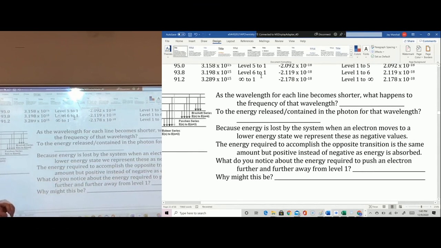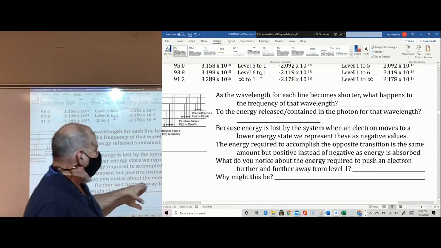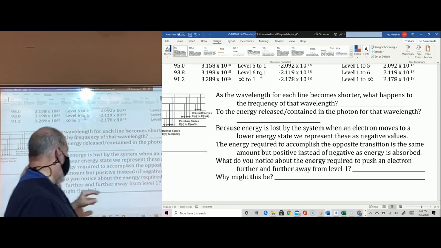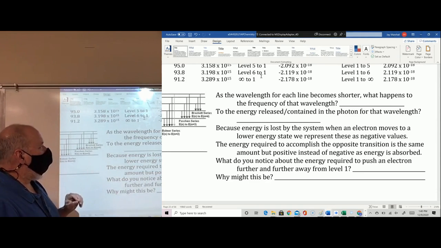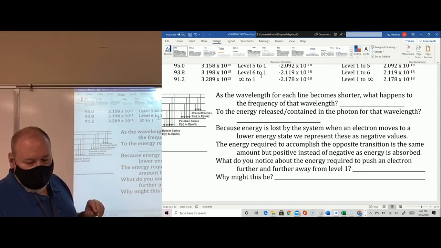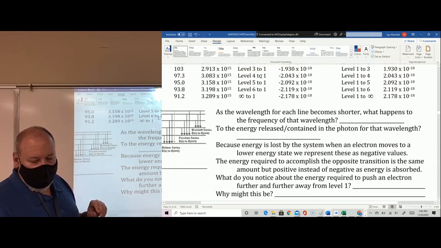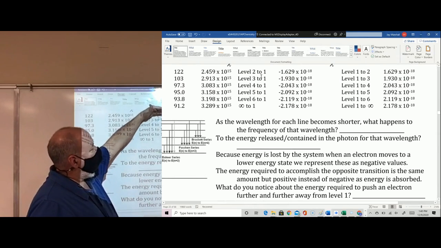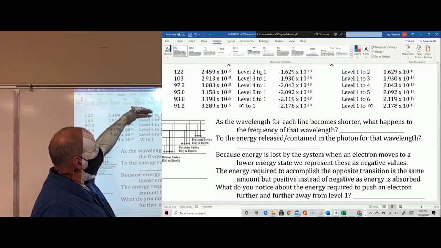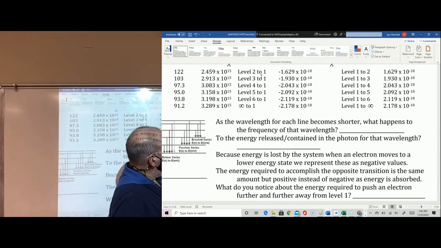Now, what do you notice about the energy required to push an electron further and further away from level 1?